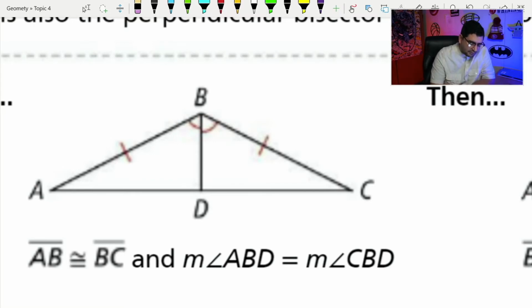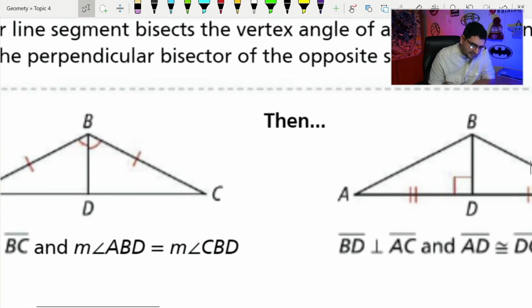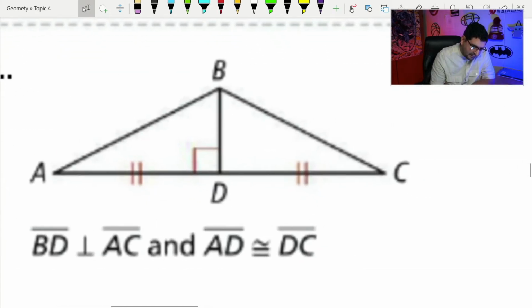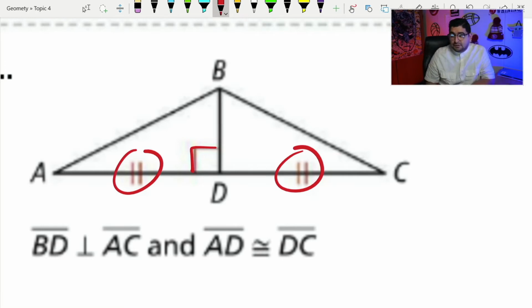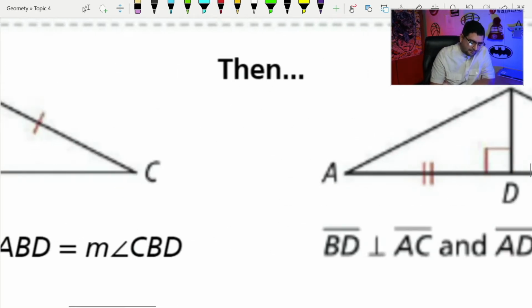If those two angles are congruent after being cut by this line, then what we're allowed to say is that this line is perpendicular and that these two sides are equal to each other. Let's recap that one more time.